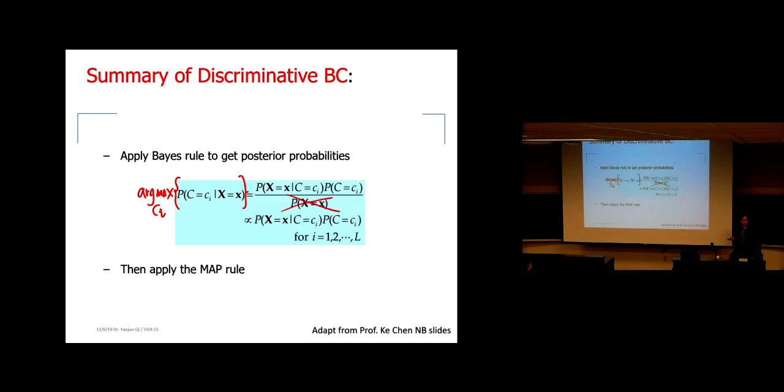So in the generative Bayes classifier, what you truly calculate is only the numerator part. It is proportional to the argmax operation, so we don't need to calculate the denominator P(X). The only things you need to calculate are P(X given C) and also P(C).